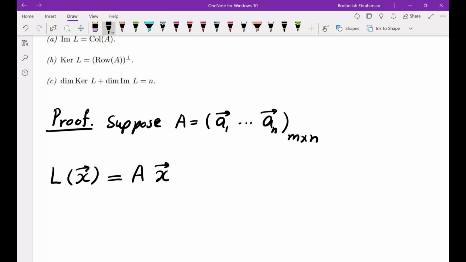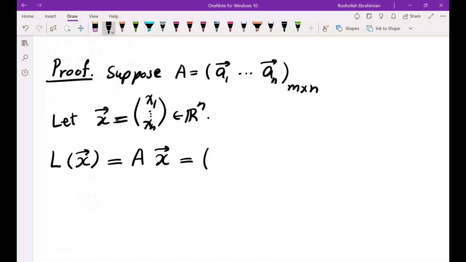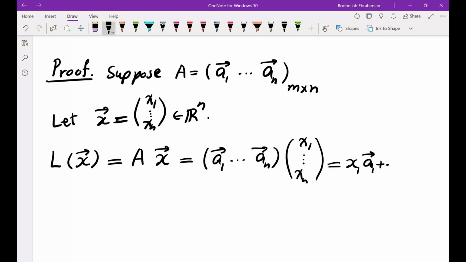So let's start with some x inside Rn, x1 through xn. If you look at L of x, we get this, and that gives us a1 through an multiplied by a column x1 through xn. And if you multiply that, you get x1 a1 all the way to xn an.